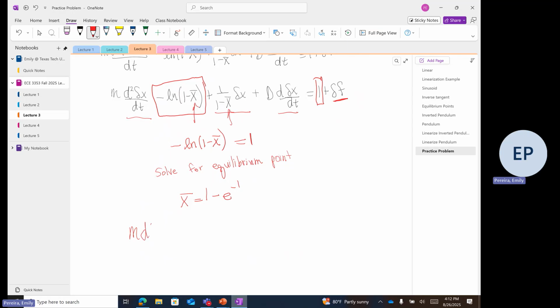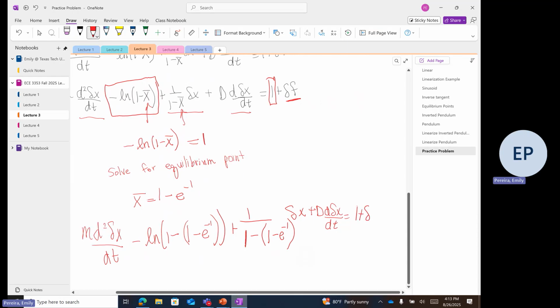Okay, so we have m times the second derivative of delta x with respect to t, plus negative log of 1 minus (1 minus e to the negative 1), plus 1 over 1 minus (1 minus e to the negative 1) delta x plus d delta x, oh sorry, there's a derivative term, plus d times the derivative of delta x with respect to t equals 1 plus delta f.